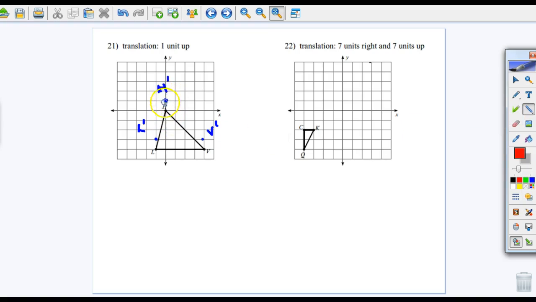And I'm going to connect my 3 prime points. So I go from point to point, point to point, point to point. And now my black triangle is my original, and my red triangle is my prime after a translation of 1 unit up.